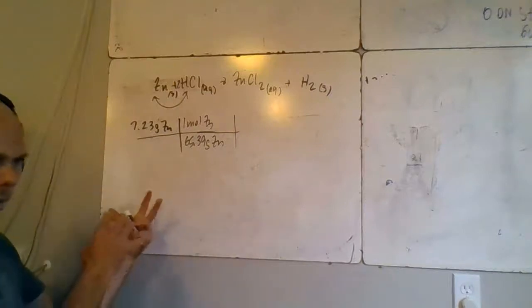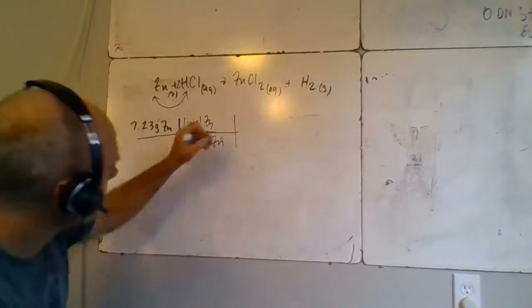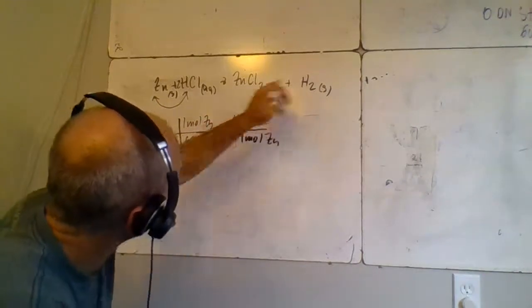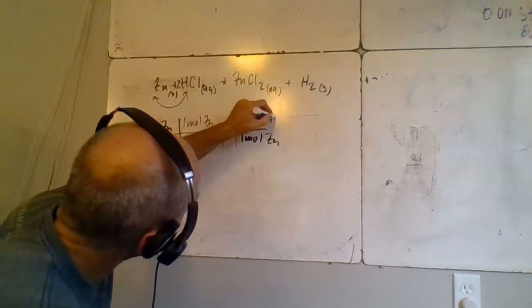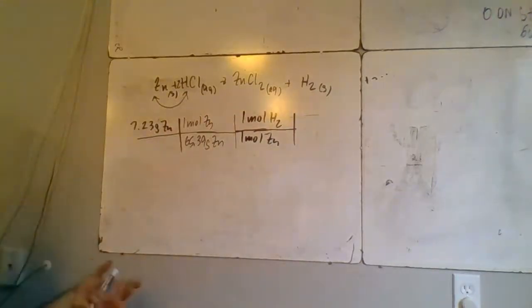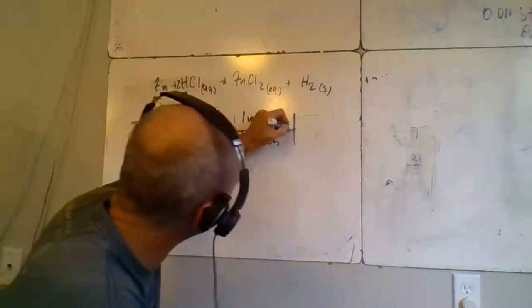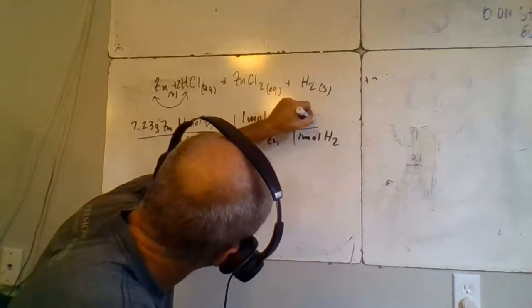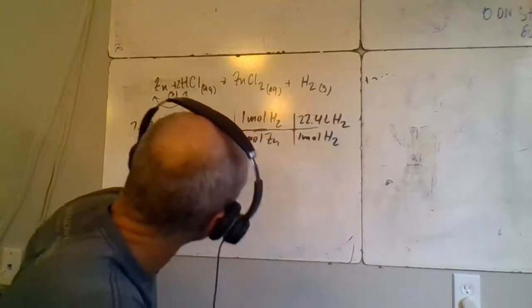And again, my goal is to figure out how much will theoretically be produced from stoichiometry. For every mole of zinc that reacts, I produce 1 mole of hydrogen gas. And then because this is a gas at STP, I can use 22.4 liters per mole. So I know that 1 mole of H2 is 22.4 liters of H2.